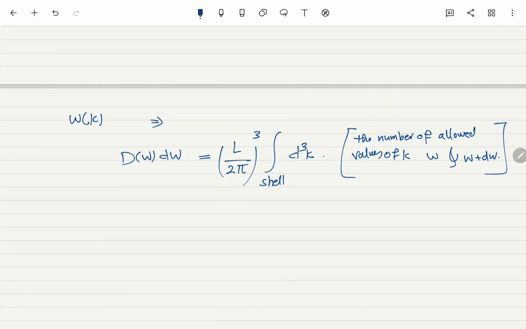Now, the big issue here is to evaluate the volume of this shell. So let's assume that dS omega expresses the element of area.